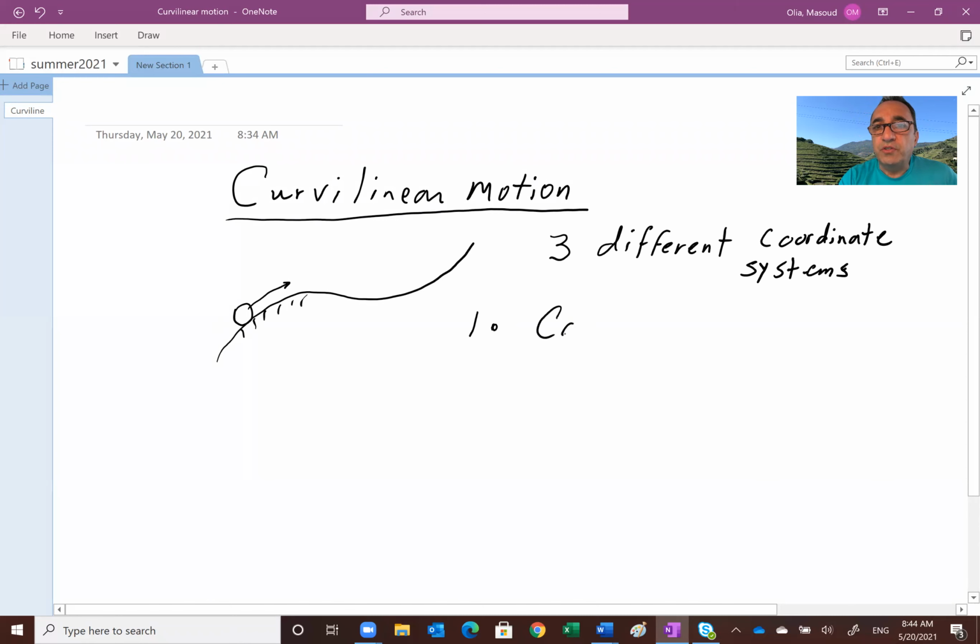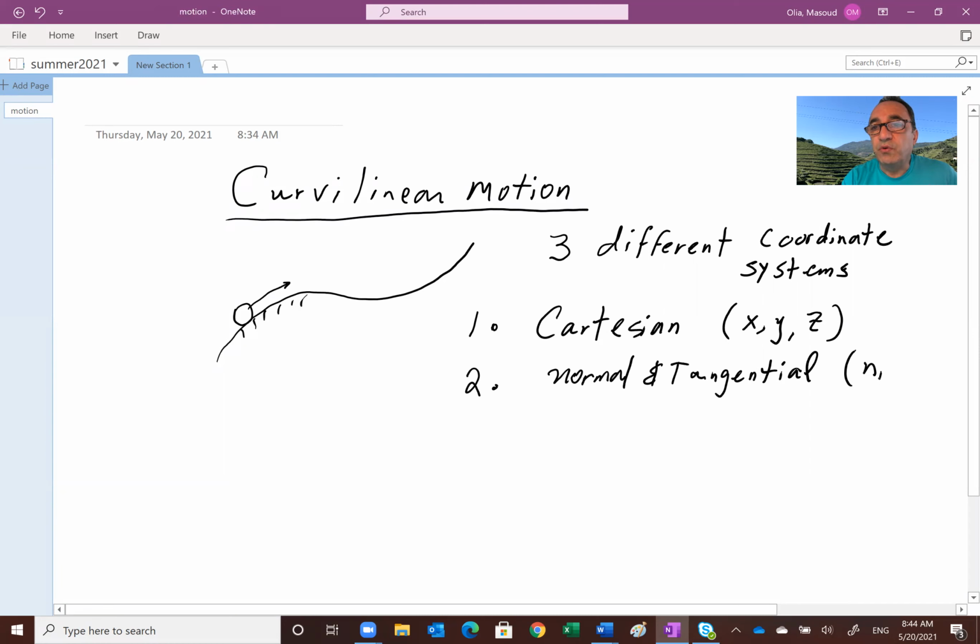The first one is called Cartesian. Cartesian means the X, Y, Z. The second one that we're going to look at later on in the course is called the normal and tangential coordinate system, which is totally a different coordinate system denoted by N and T. N for normal and T for tangential.